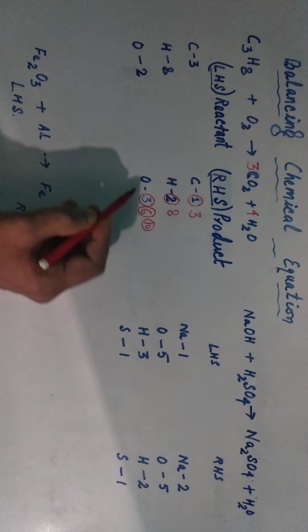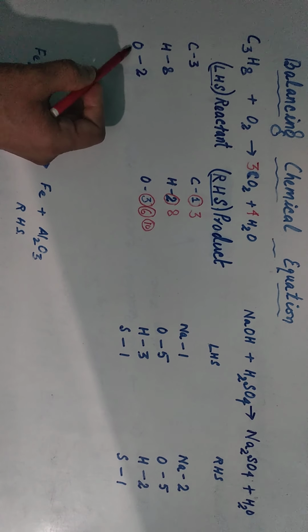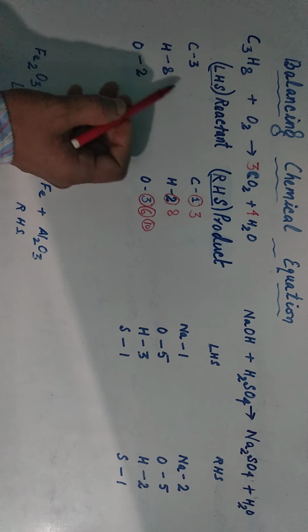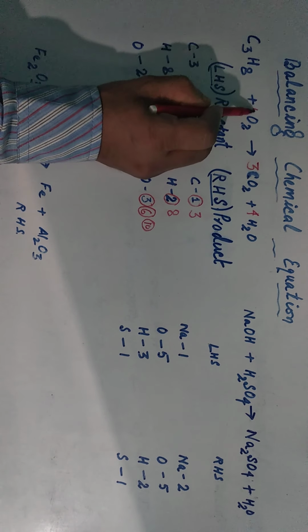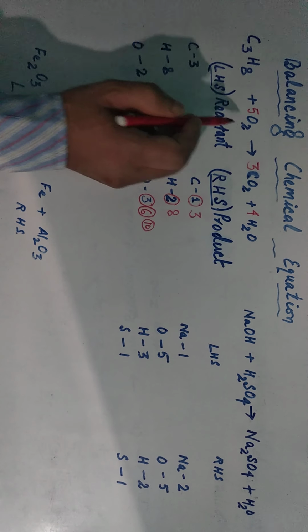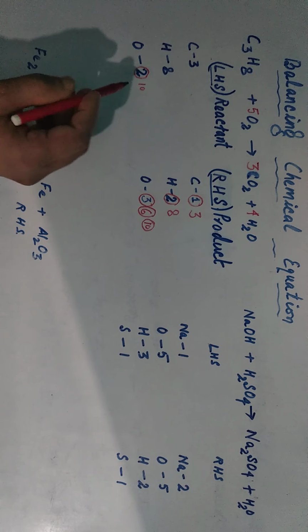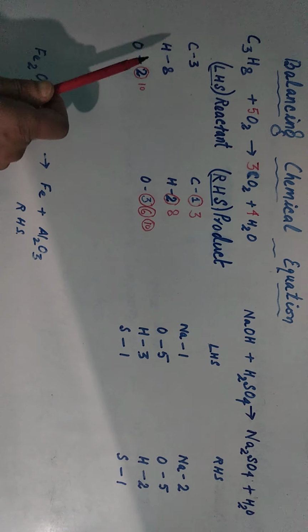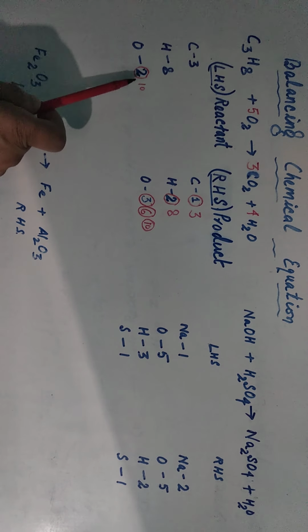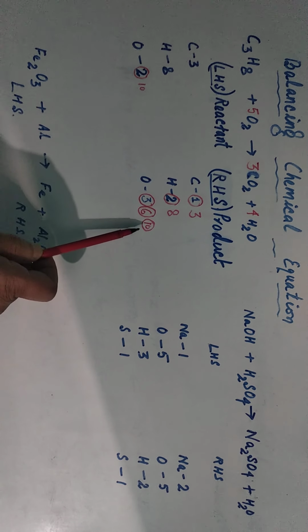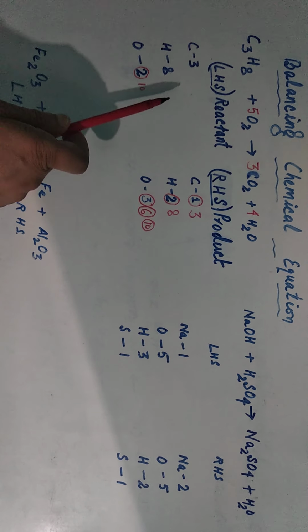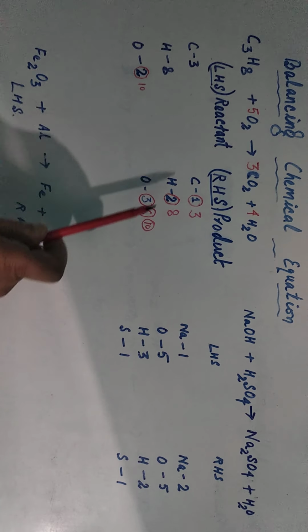So in order to balance this oxygen, we need to multiply by 5 here. So 5 into 2 becomes 10. So dear friends, now we can check 3, 8, 10 on the left hand side and 3, 8, 10 on the right hand side. So now this equation is balanced.